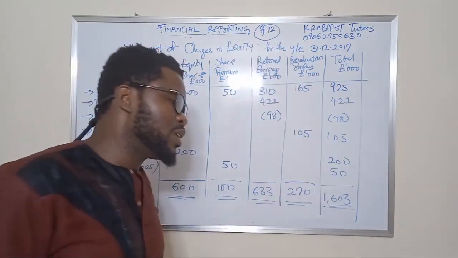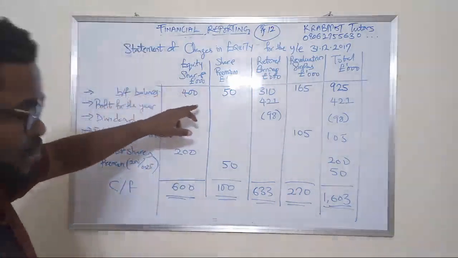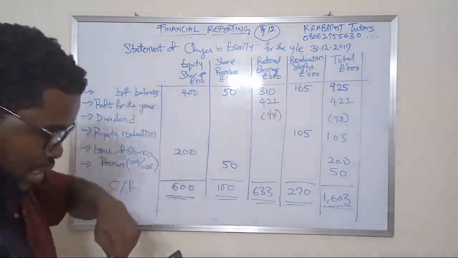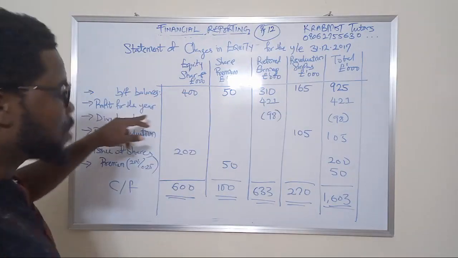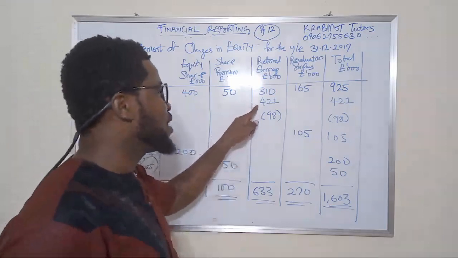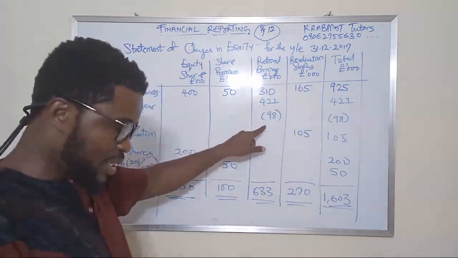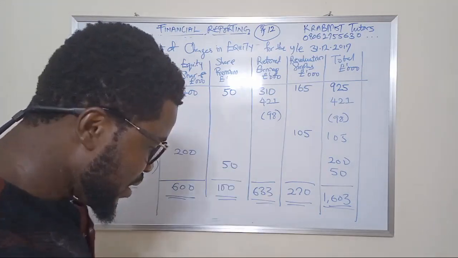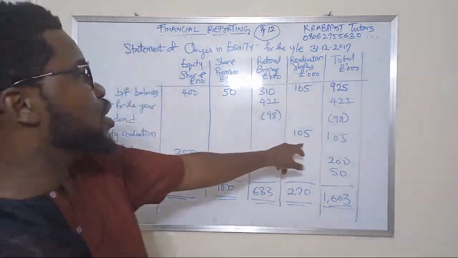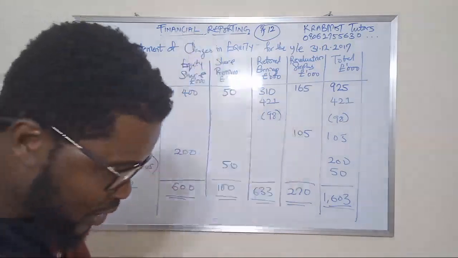Now, the brought forward balances are those listed in the question. Profit for the year, 421, goes to retained earnings. Dividend is a negative under retained earnings. Then the easy one, property revaluation goes to revaluation surplus, an upward increase.